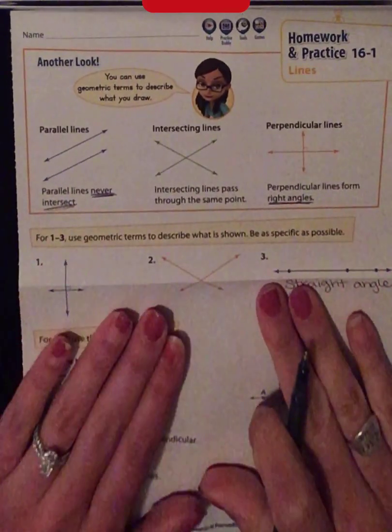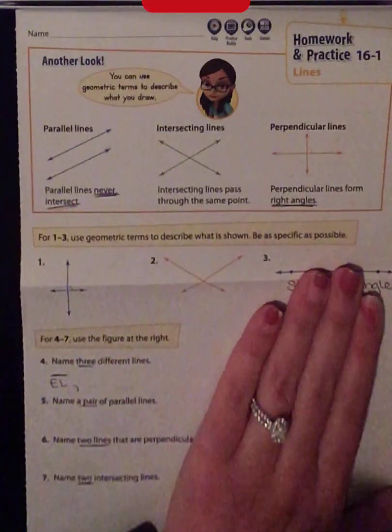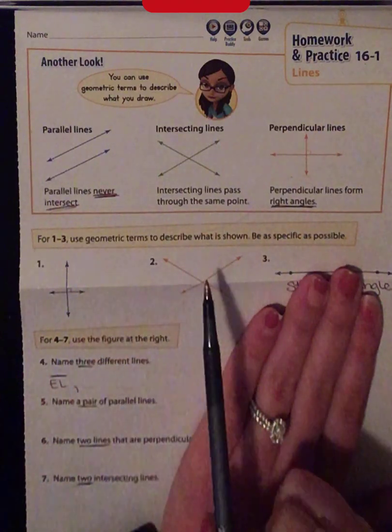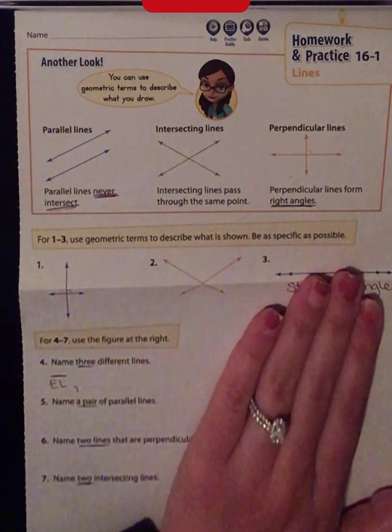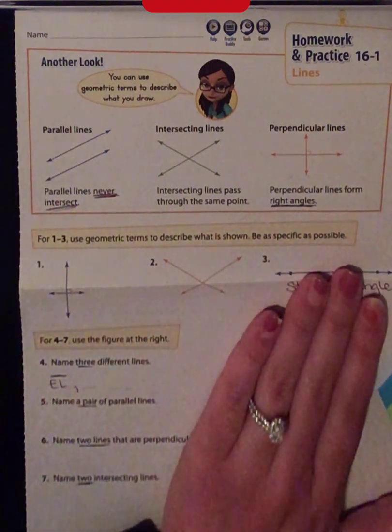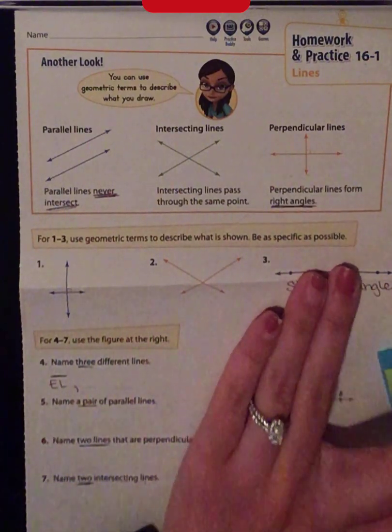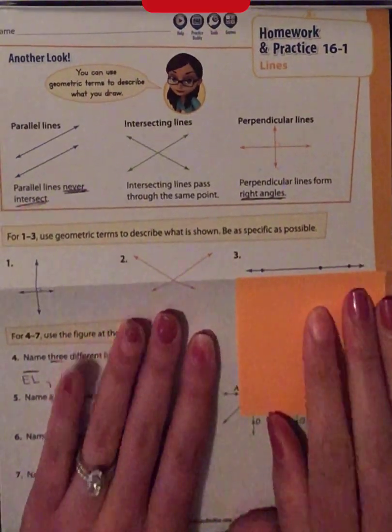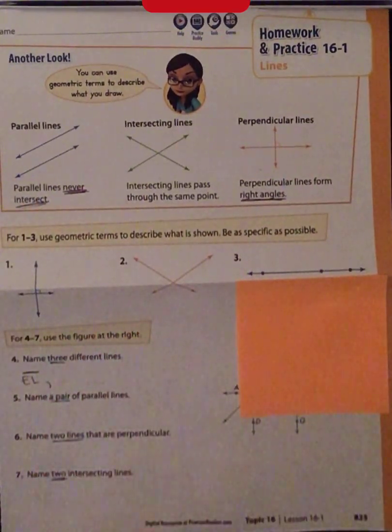Using your geometric terms, name what you see in 1, what you see in 2. I've got my hand over 3 because I've recorded this before. This is my second time recording this video. You've got a straight line, but is that one of our geometric terms that we've been using?